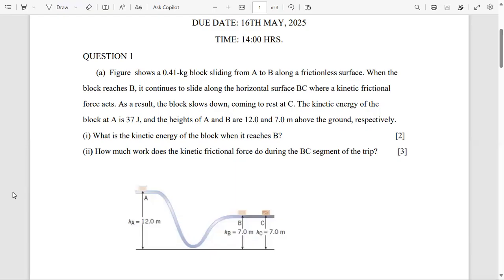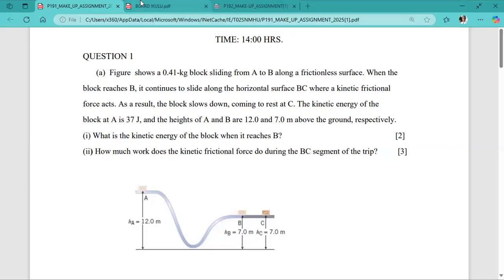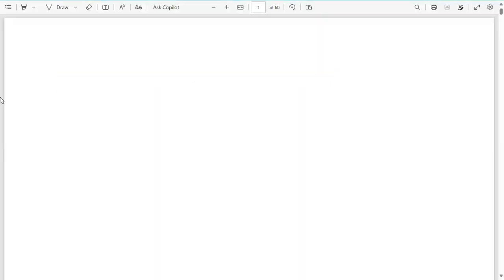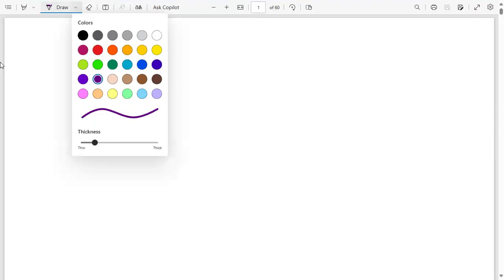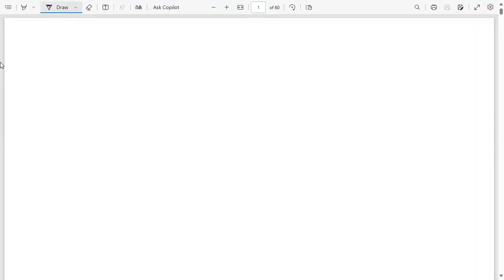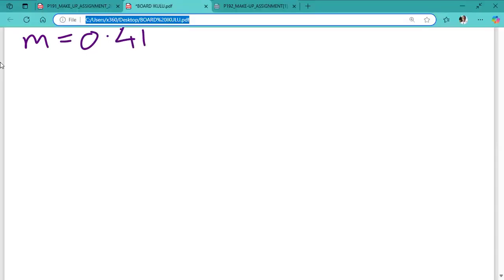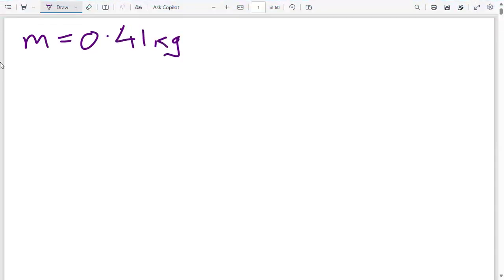Okay, so this is a question coming from work, energy, and power. So without wasting any time, let's just get the data that we've been given. We've been given the mass of the block, say this is 0.41 kilograms.